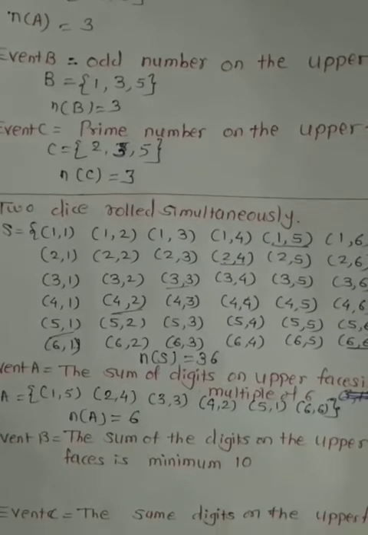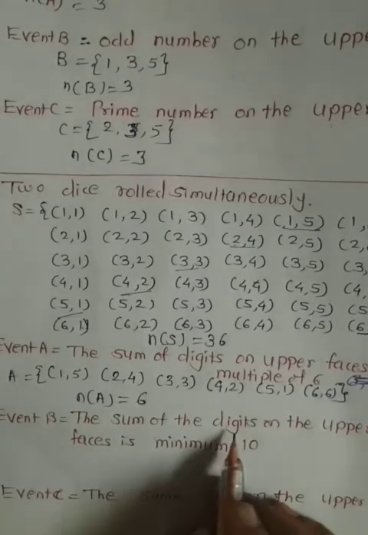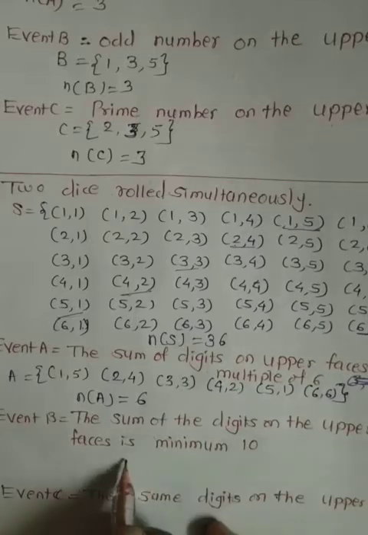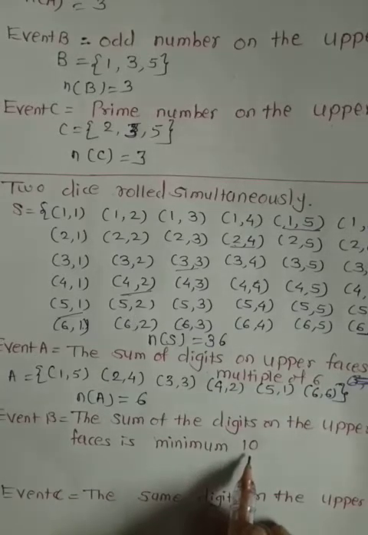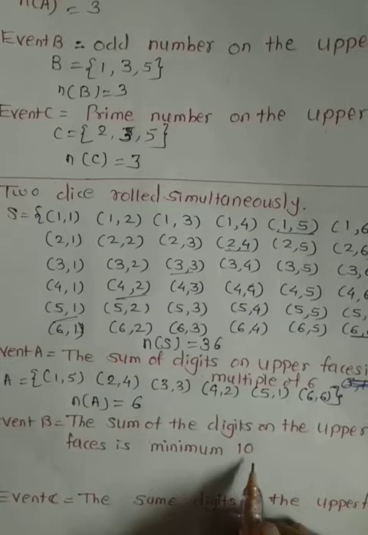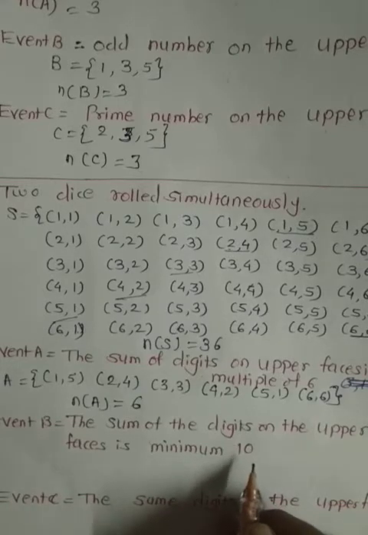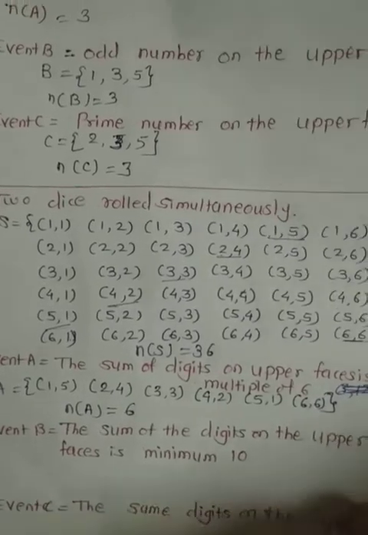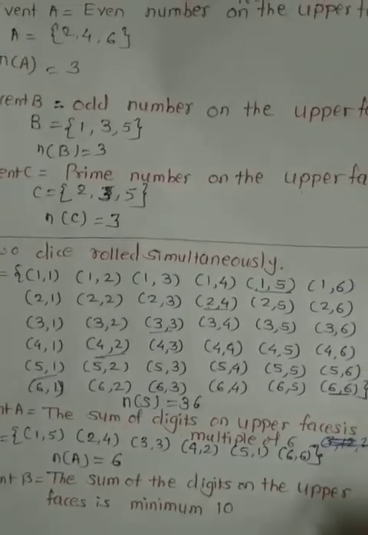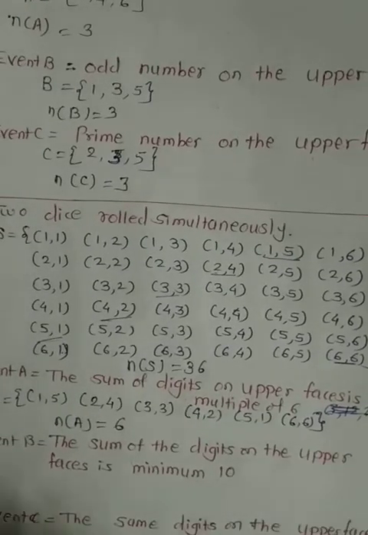Now the event B: the sum of digits on the upper faces is minimum 10. This means we may allow 10, 11, 12 and onward. We have to take the sum of digits that is minimum 10.